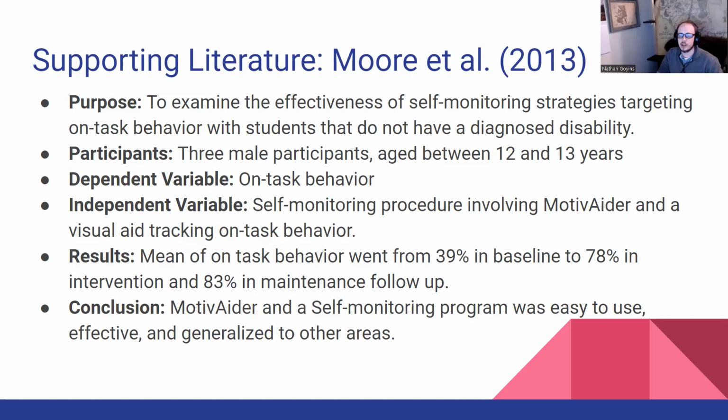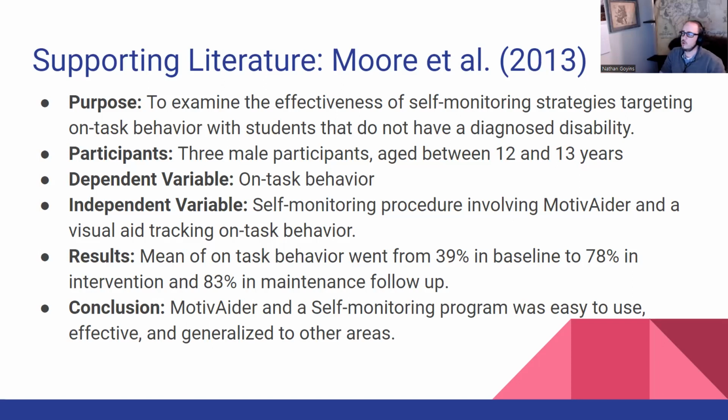The dependent variable is that on-task behavior, and the independent variables were a self-monitoring system called Motivator, and then they had a visual aid tracking system they used, which was a list of what on-task behaviors look like, a visual card, and a couple other supplies like that.